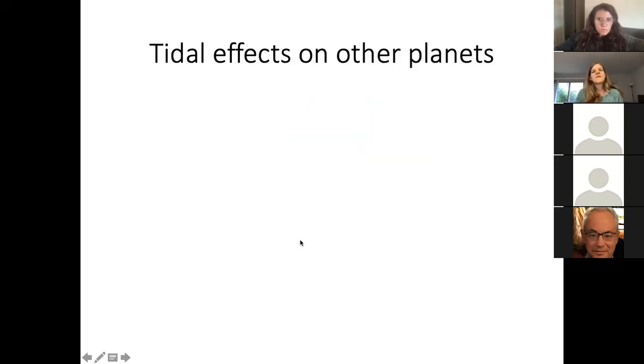Okay, so given this really interesting effect of tides on the overall planet radius of sub-Neptunes, we might wonder whether this could also explain other observations of the close-in planets. And so the last thing that I want to mention pretty briefly is a separate group of planets that we think might have been inflated due to tides.